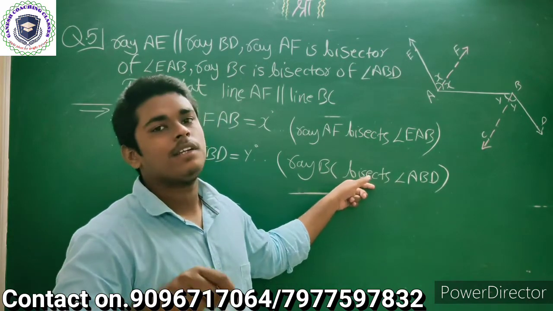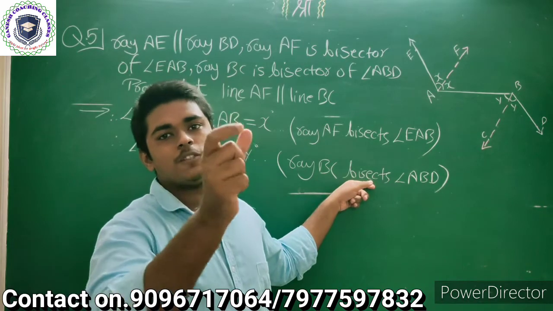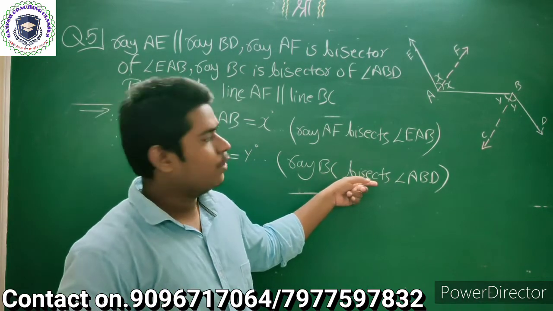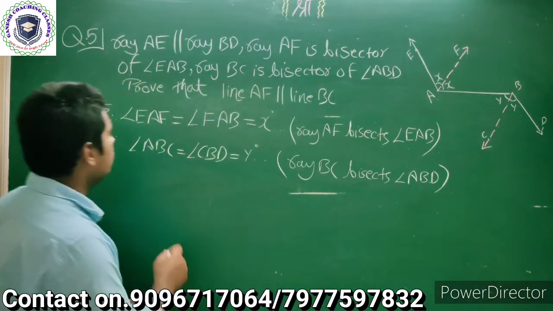If an angle of 90 is divided into two equal parts, what will be the value of each part? That is 45 degrees. So bisects means divided into equal parts.